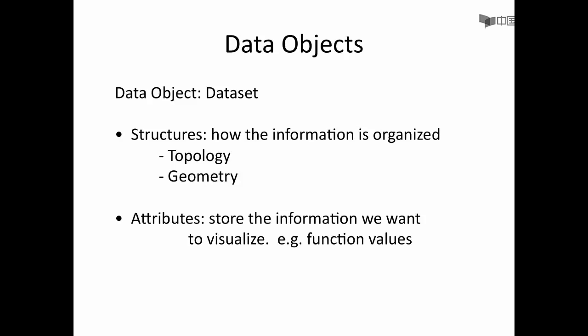The structures are mainly about how the information is organized, for example, the mesh, the cells, the vertices, etc. The attributes of the Vtk data objects are the information produced by the simulation. Oftentimes, they are the information that we want to visualize, for example, pressure and temperature in a numerical simulation.